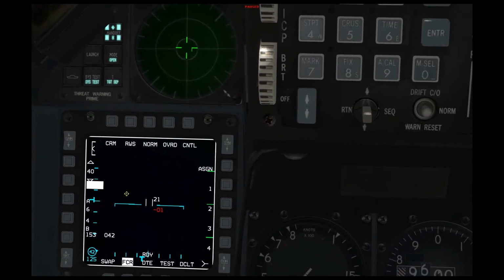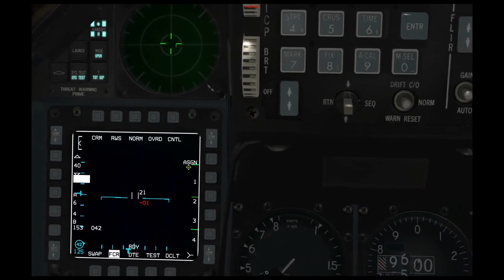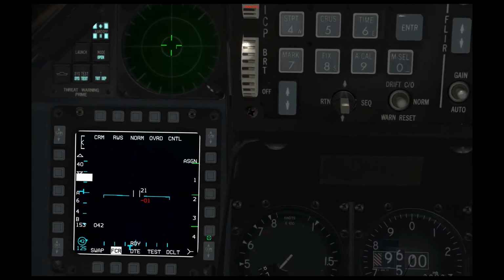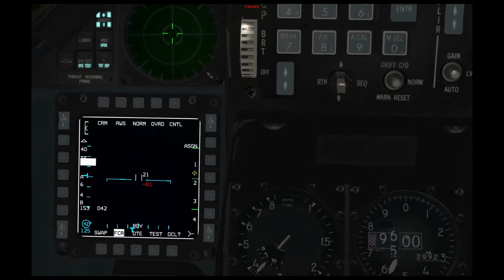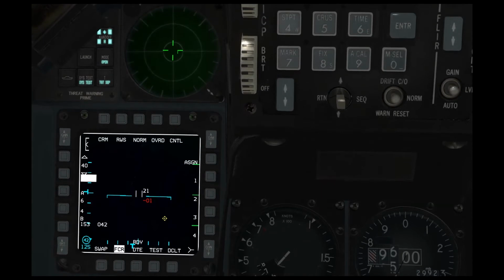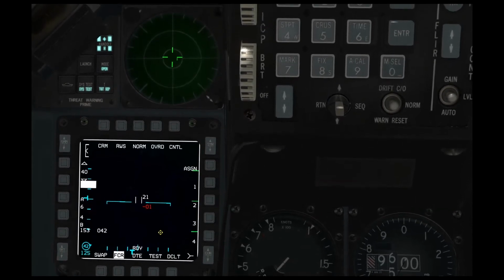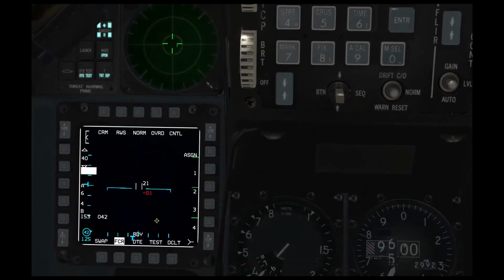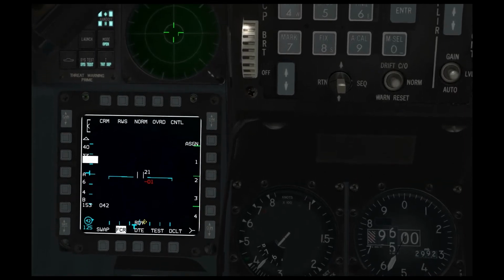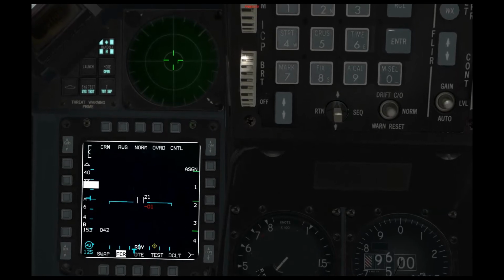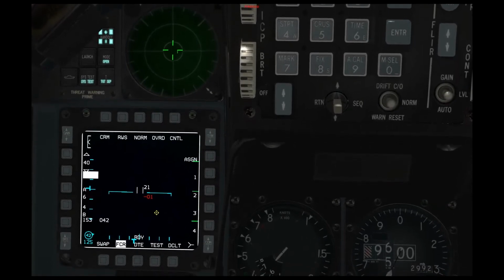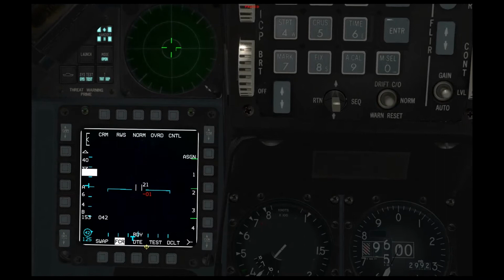That's the range. Now on the right side of the FCR, these are data link controls. Each number corresponds to the player, or the aircraft, in your flight. So 1 would be the flight lead, 2 would be his wingman, 3 would be the Element 2 leader, and 4 would be his wingman.